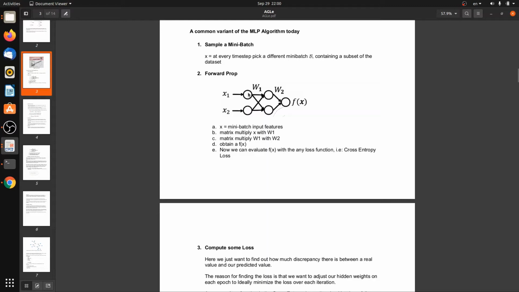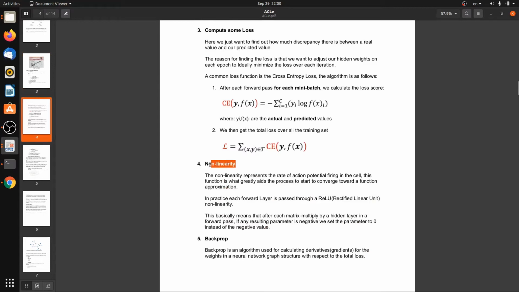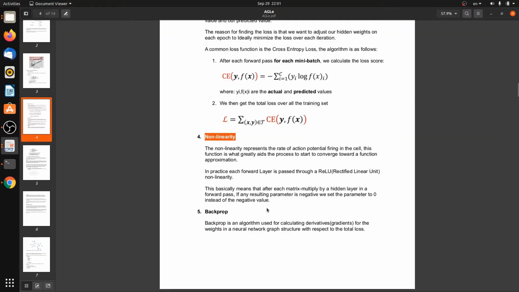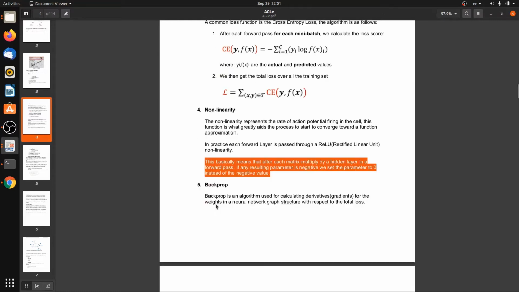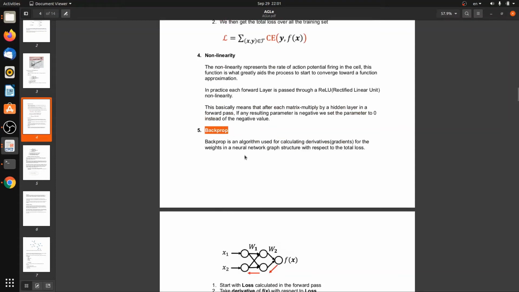Then during our forward pass, we would multiply by weight 2, and here we would apply another ReLU. So we would apply a ReLU after each multiplication by a hidden layer. Okay, that's all ReLU is, and that helps the iteration converge toward trying to find the function that we want, the function approximation.